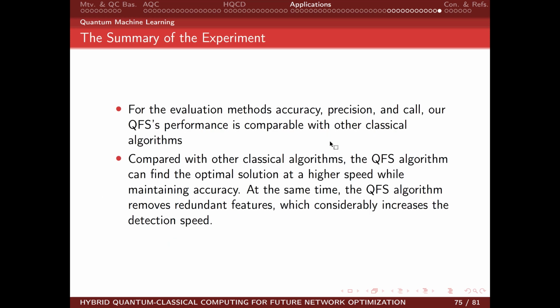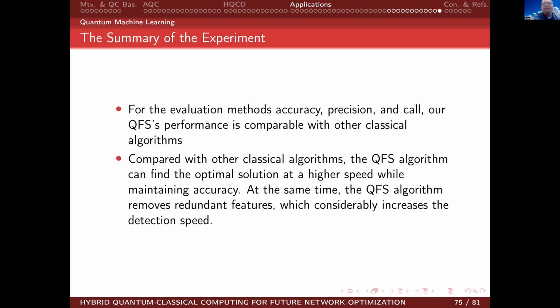So for the summary, for the evaluation method, we evaluate this method from 3 perspectives. We can see our quantum feature selection has a better performance compared to all other classical algorithms, and compared to the other classical algorithms, it is much easier for us to find the optimal solution in a shorter time.